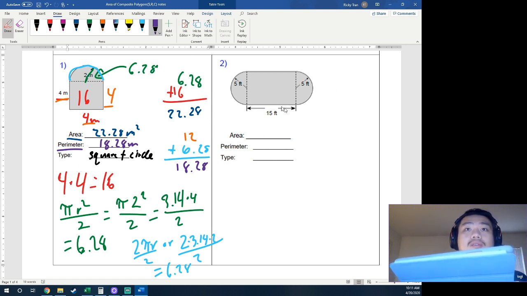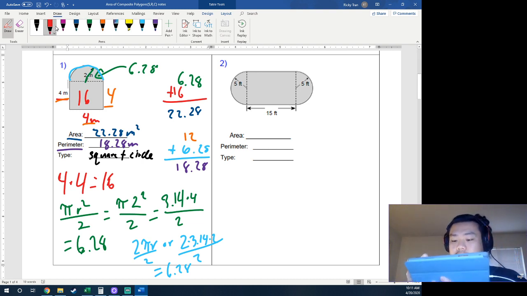So let's move on to number 2. Again, we'll find the area of this side first. Since this is 5, this length right here is 10. So 15 times 10 is 150. So that's the area.